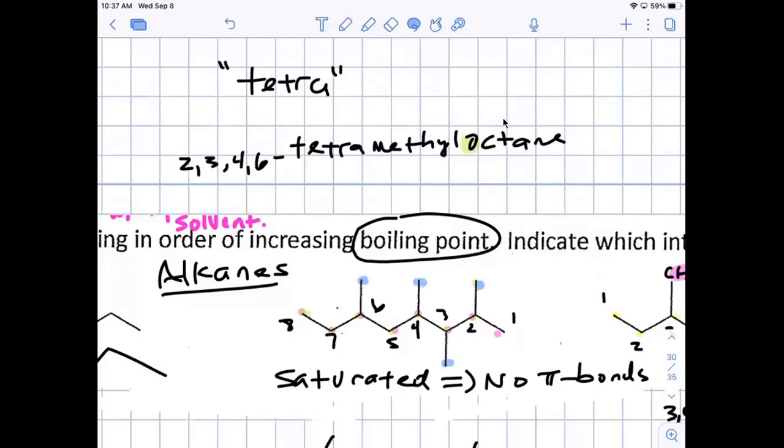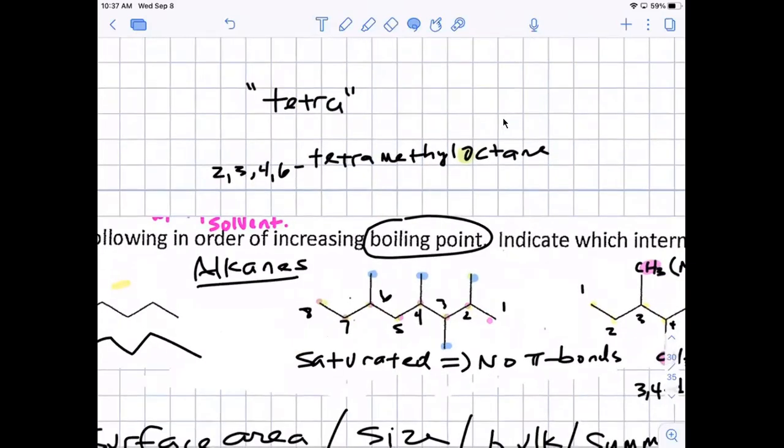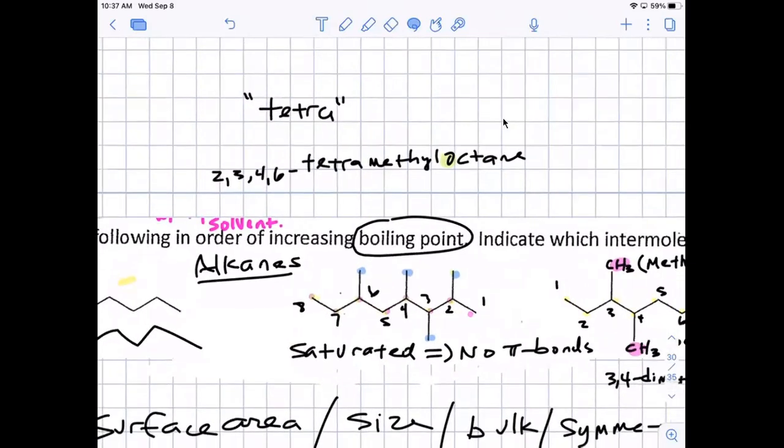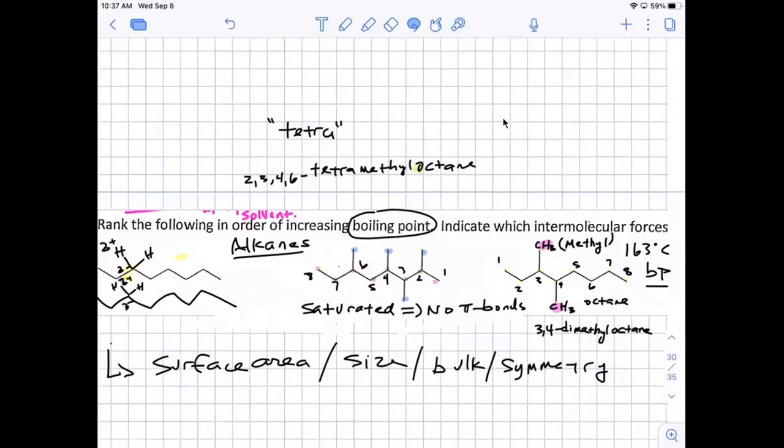All right. Can somebody look up the boiling point for that? It's probably going to be a lot lower than the 3,4-dimethyl octane.